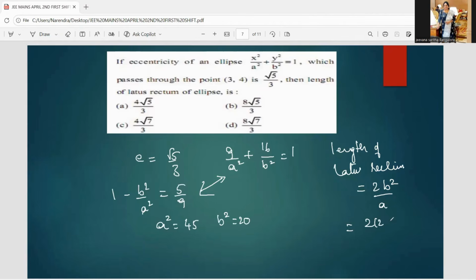So 2 times 20 divided by square root of 45. So this identifies the answer as 8 root 5 by 3. This is also a direct application, wherein we don't need to spend much time in thinking how to figure out the conditions, because most of the things are very clear.